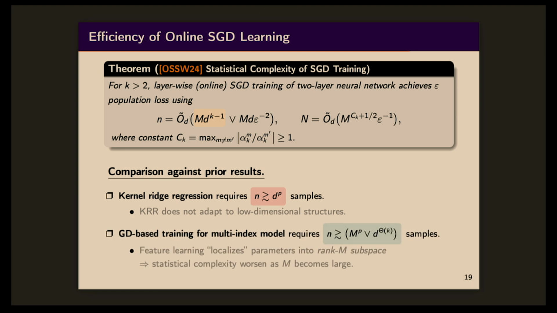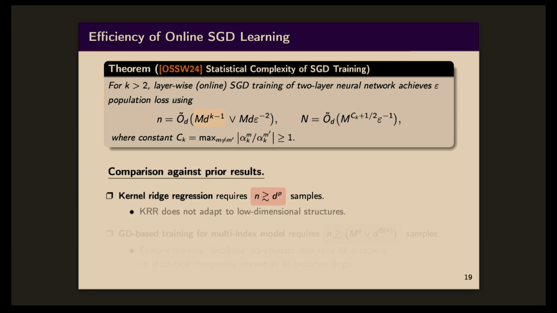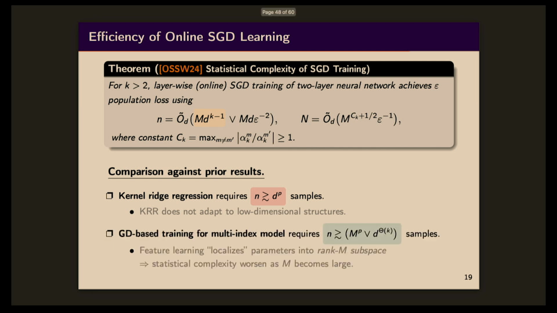After training the first layer, your parameters will adapt to the support of the target function. The target function spans M directions, so after training, your student model should also span the M directions. After that, when you train the second layer, you're essentially doing a kernel model, but now on this M-dimensional subspace. That's how you gain improvement over kernels. The complexity usually scales as follows.